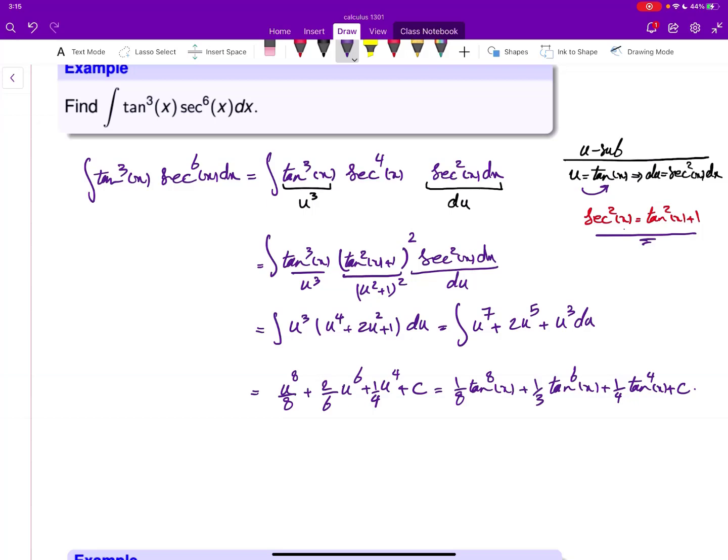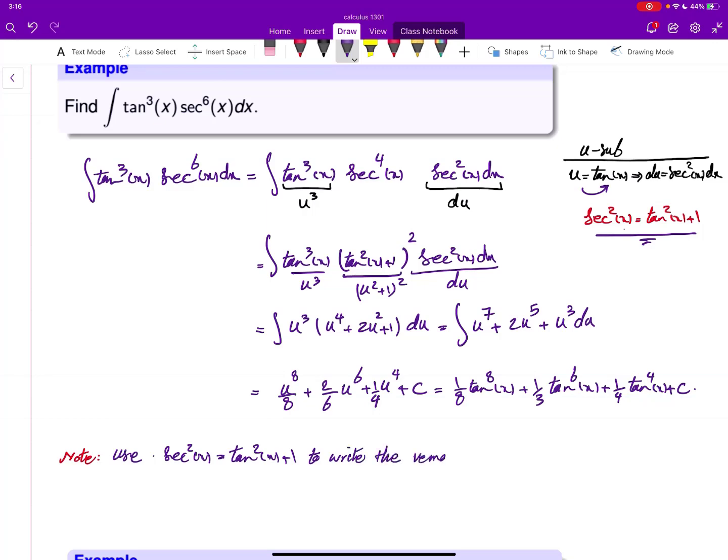And well, from this example, you see that the second point that we should keep in mind is, we use the identity secant squared x equals tan squared x plus 1 to write the remaining powers.